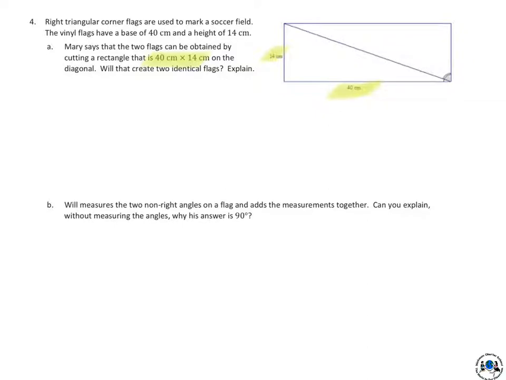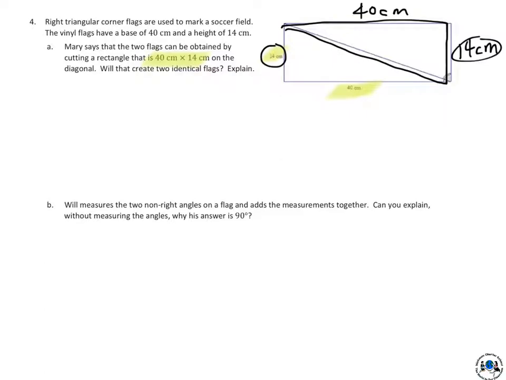Well, let's take a look at this. As we know, we have a rectangle here, and it is 40 centimeters by 14 centimeters, which means we have 40 centimeters here as well, and 14 centimeters here as well. So the two flags we'd make from this rectangle are already going to have two pairs of equal sides.